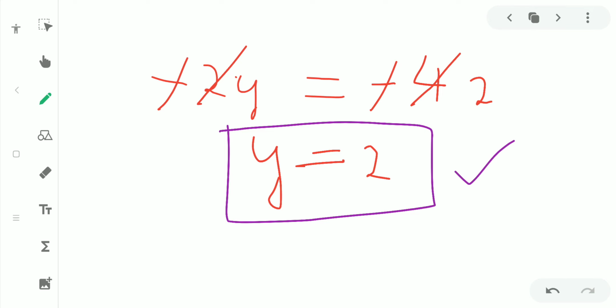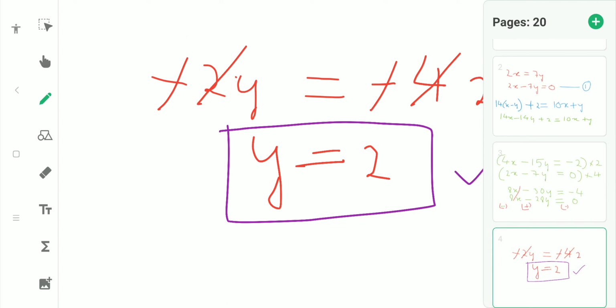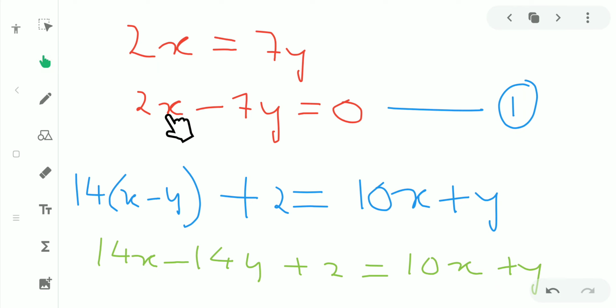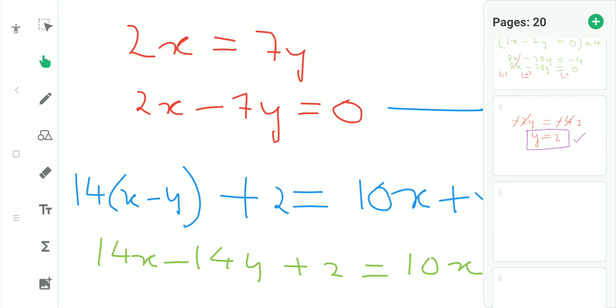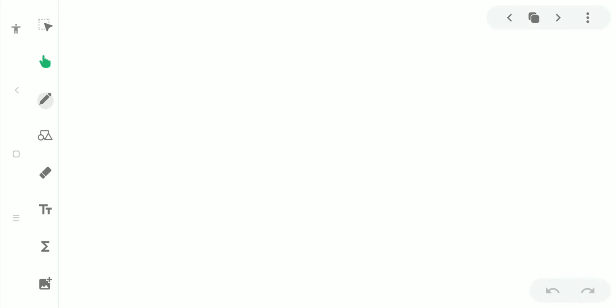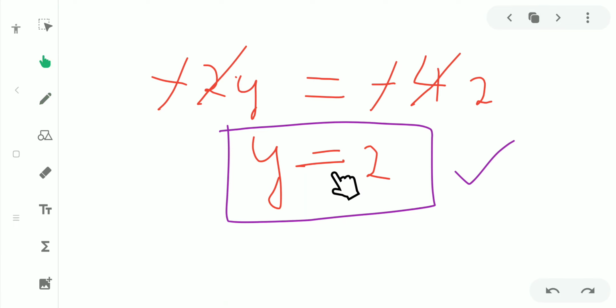In order to get this, we can substitute this y value in any of the equation. So let us consider this equation, 2x minus 7y is equal to 0. So it will come 2x minus 7 into y, we got the value 2.